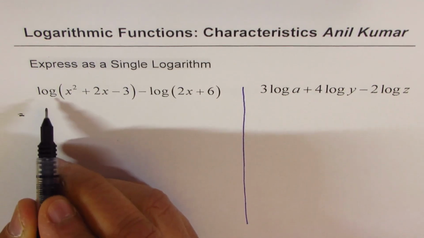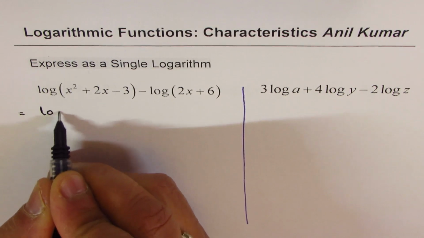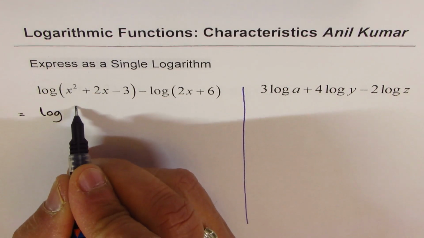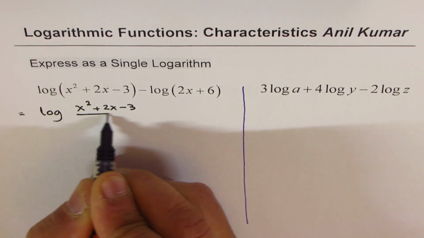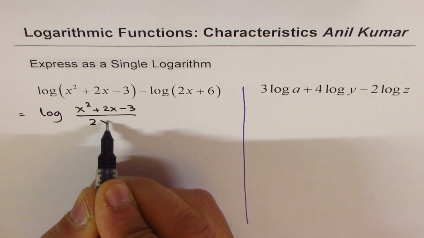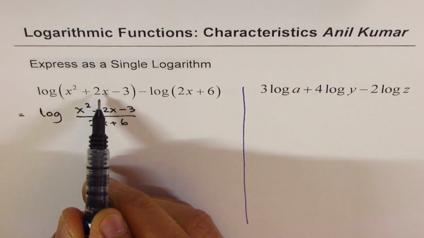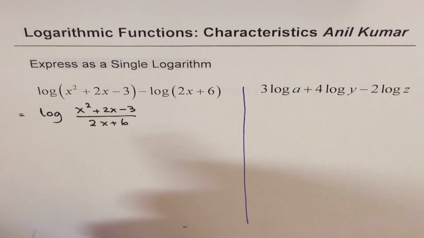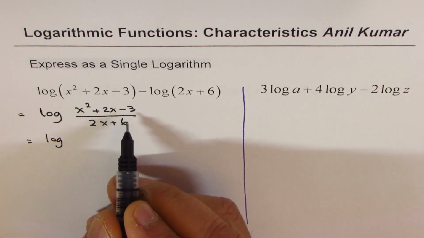So first step, we have log of something minus log of something else. Since we have the same base, which is 10, we can combine them and write as x squared plus 2x minus 3 divided by 2x plus 6, right? So that is a rule: log of a minus log of b, same base, is log of a over b. Now to simplify, it's a good idea to factor.